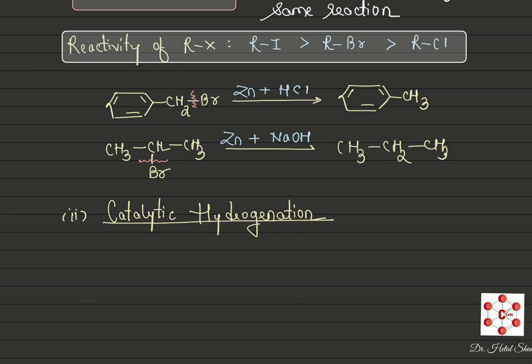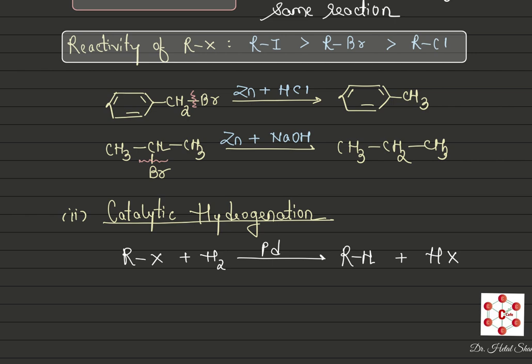Here you take RX and react it with H2 in presence of especially Pd. Pd is more often used, but catalytic hydrogenation would give you RH plus HX.